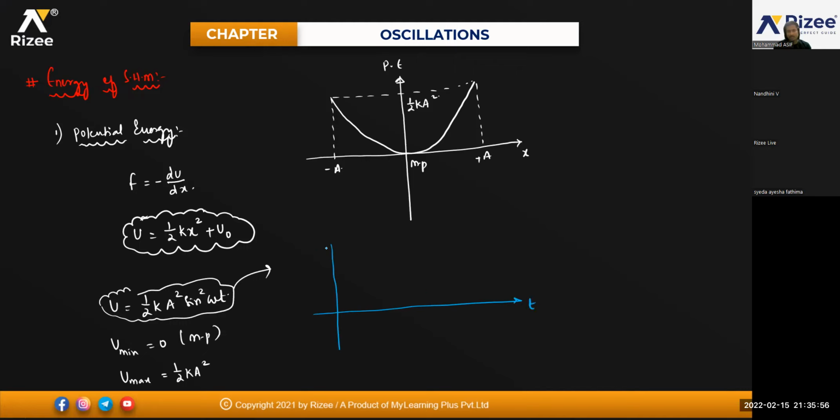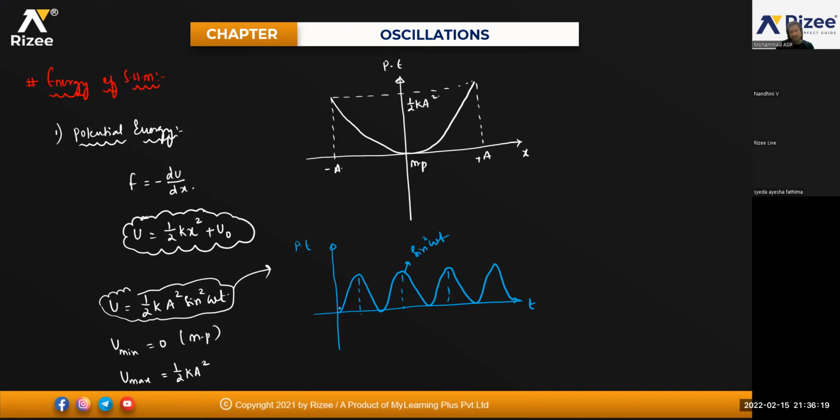This is your T and this is your potential energy here, right? So the sine square graph is something like this. Okay, so this one is your sine square graph. This one is sine square into omega t.